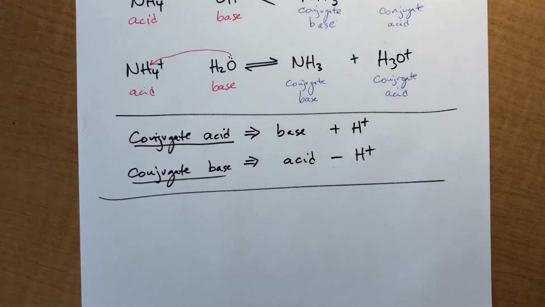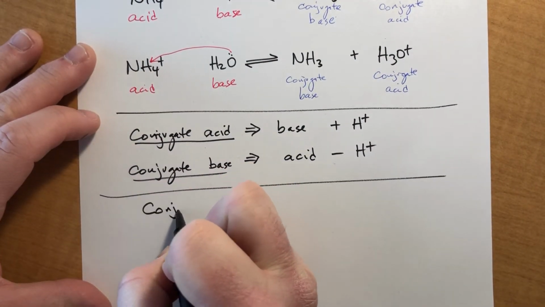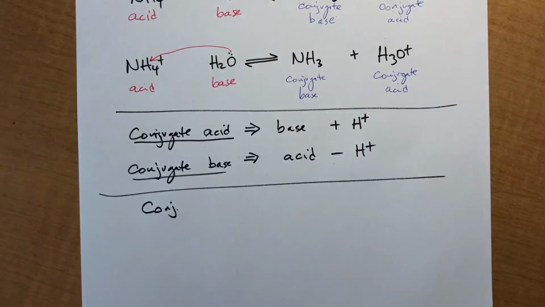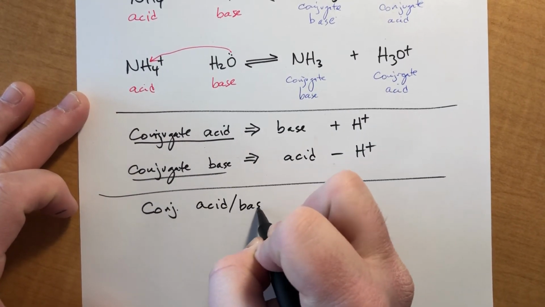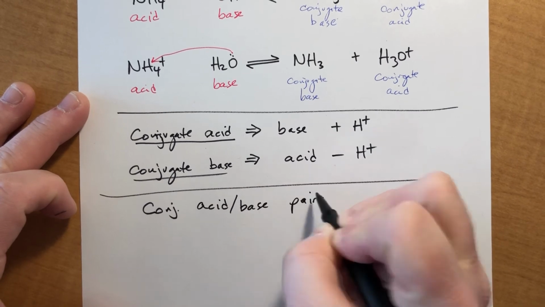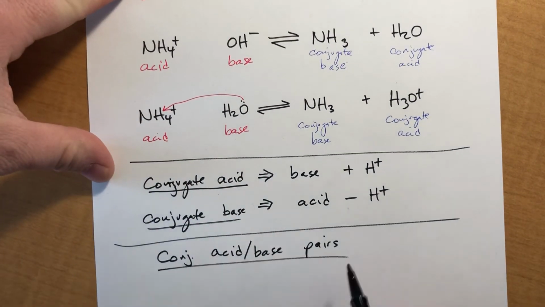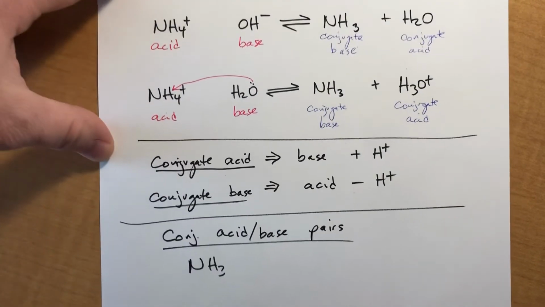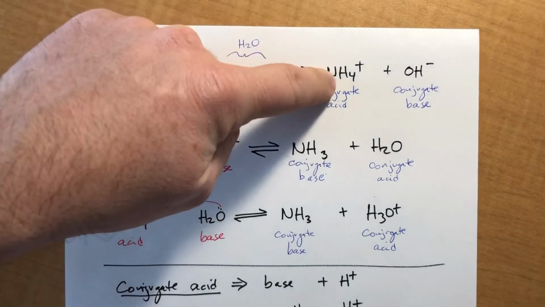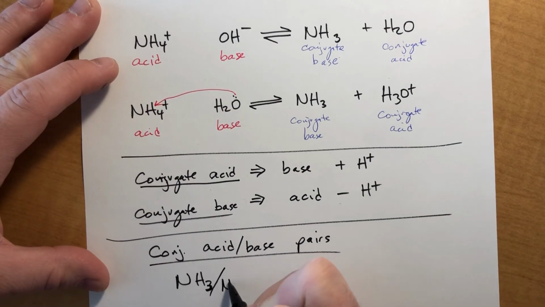Okay, so a little weird. We sometimes keep track of things in terms of conjugate acid base pairs. I'm going to start abbreviating conjugate as CONJ. So for the first reaction, NH3 was our base, and the conjugate acid of it is NH4 plus. Typically it's written like this.